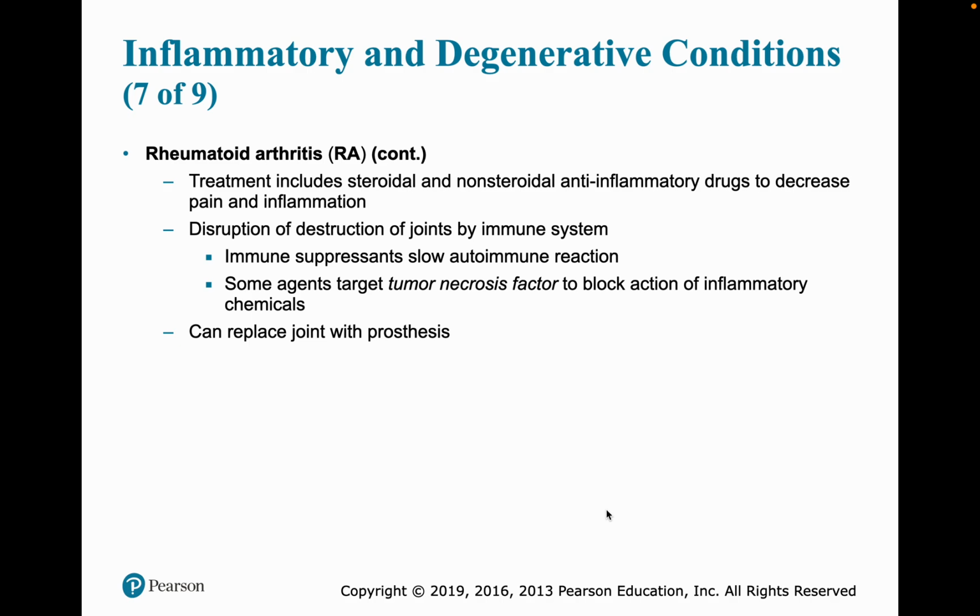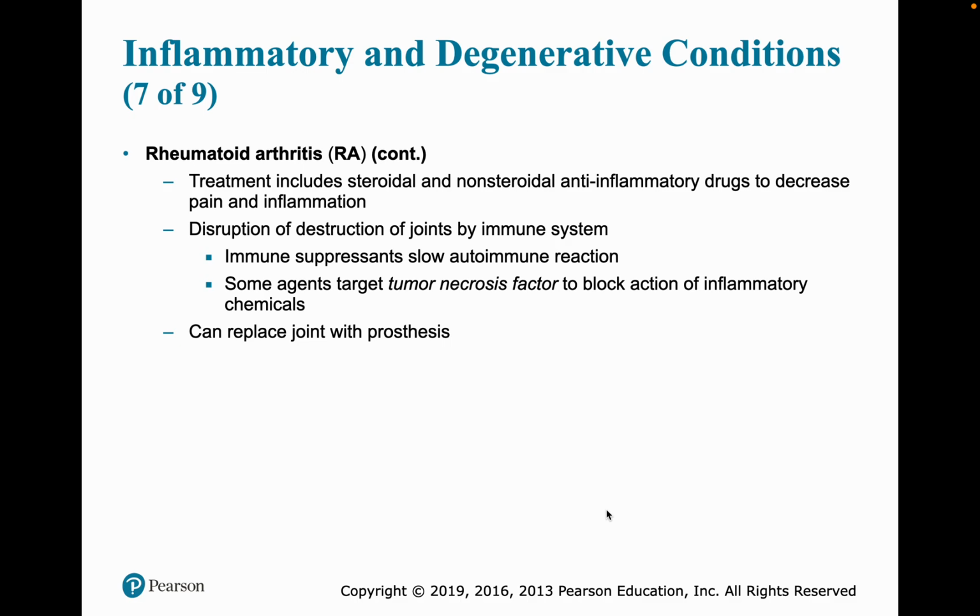So treatment would begin with non-steroidal anti-inflammatories. If it doesn't respond to that, we can move up to steroidal anti-inflammatories, and now we have some new classes of drugs that will target the immune system itself.